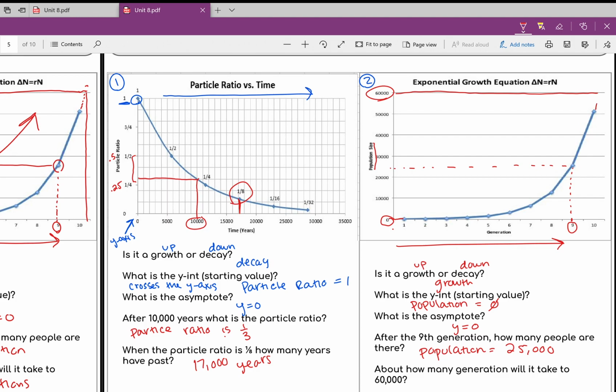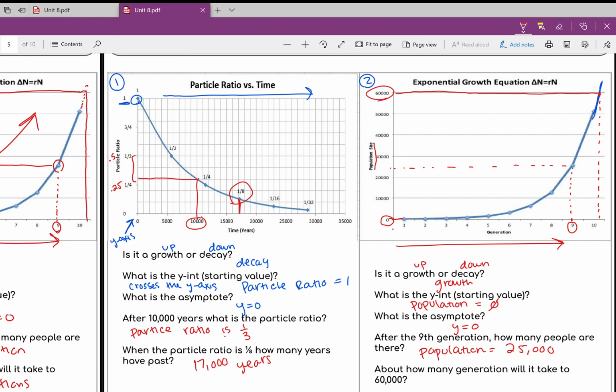So I'm going to draw this line up. Let me change the color so you can see that this is a blue line. Draw this blue line up a little bit. And then we're going to notice that it's going to cross about right here. So if I estimate that down, it looks like it's around 10 or 10.5 generations.